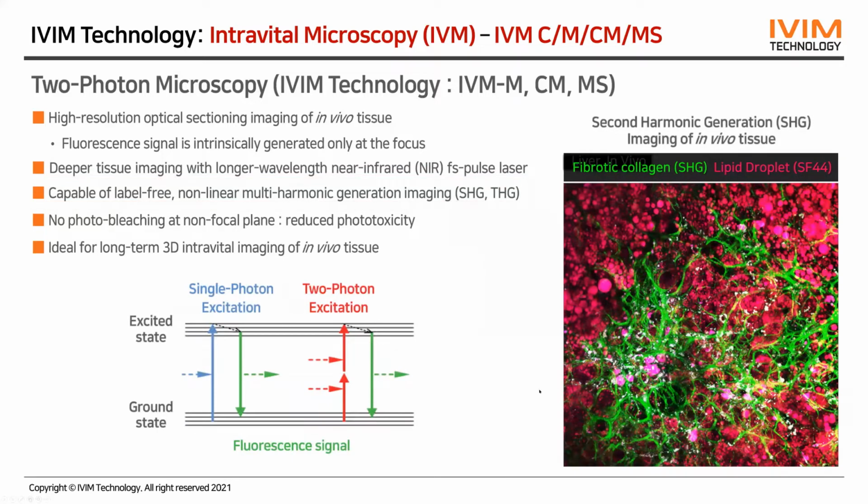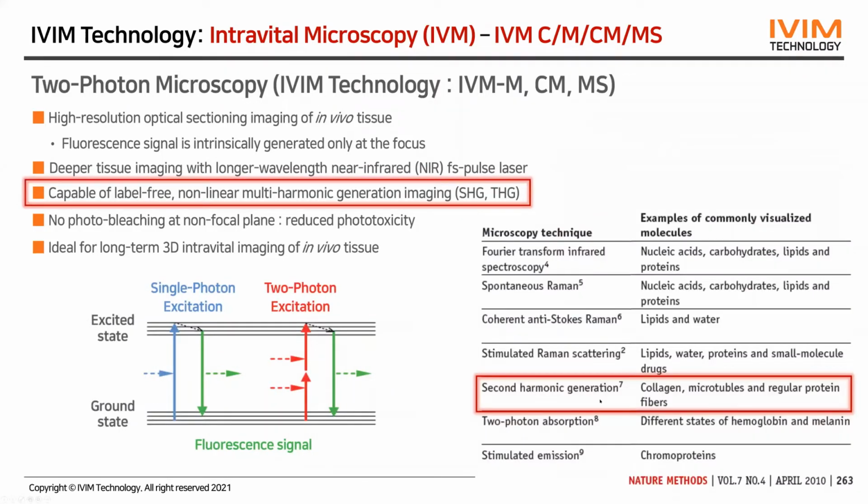Second harmonic generation is a quite interesting imaging modality, which can be easily achieved by two-photon excitation. In biological tissue, collagen has a strong second harmonic generation signal. In other words, collagen, some microtubules and regular protein fibers can be detected without any additional labeling by detecting this second harmonic generation signal, which can be easily performed using our two-photon microscopy system.